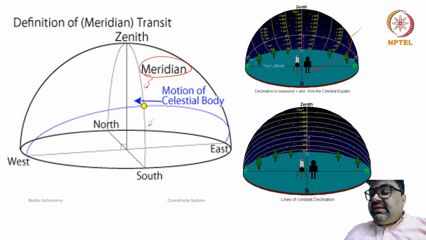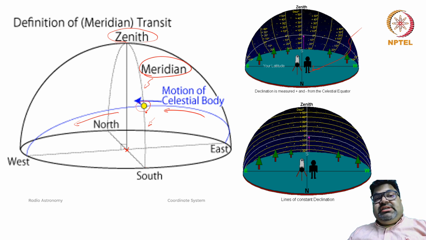This is the line, and that line crosses through the zenith of the local position, right? So you have a celestial body which has its own motion. Suppose it is moving from the east to the west.